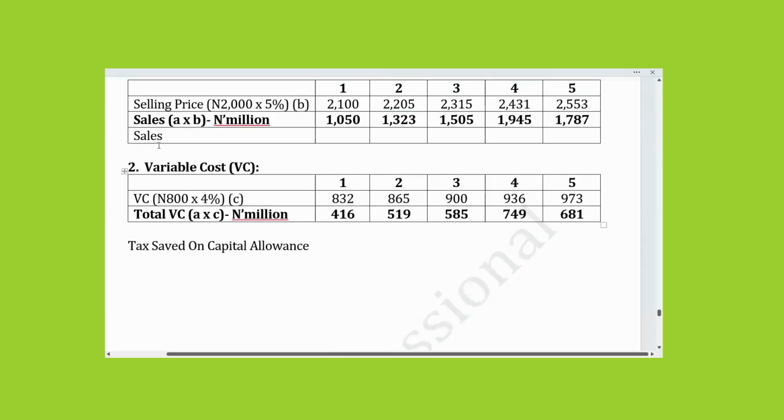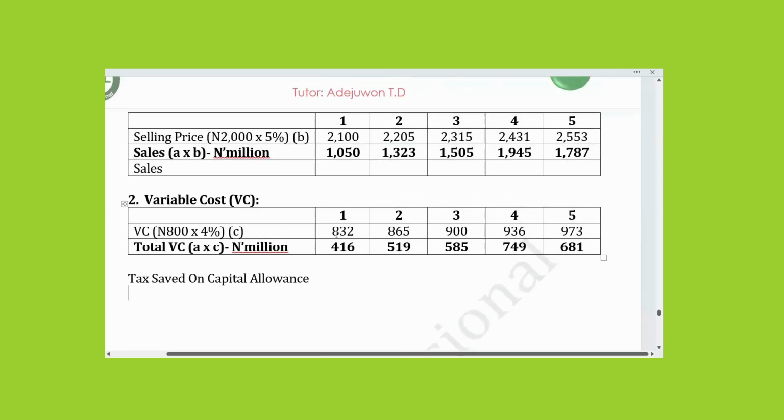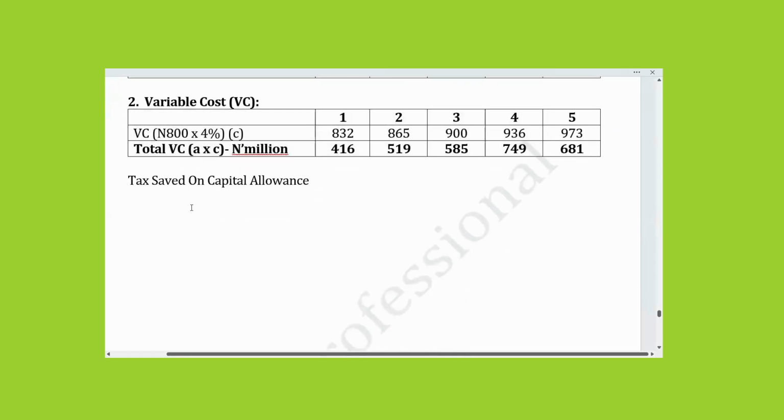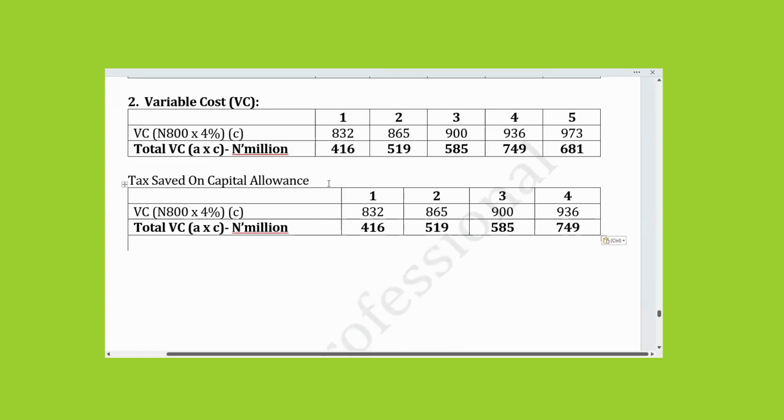How do you calculate tax saved on capital allowance? That's a format you are supposed to use to do this. Let me use this table. Now, like I explained to you last time, the essence of capital allowance is to reduce taxable profit and, in effect, tax liability.